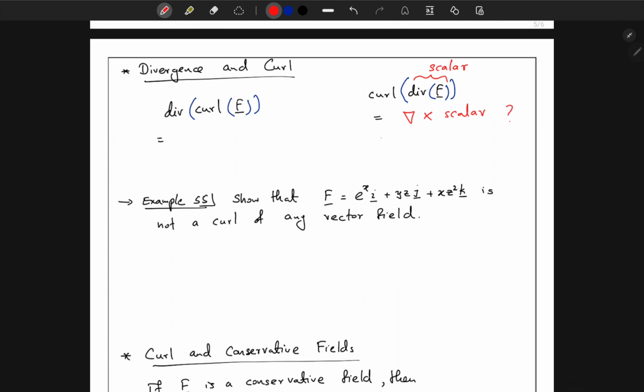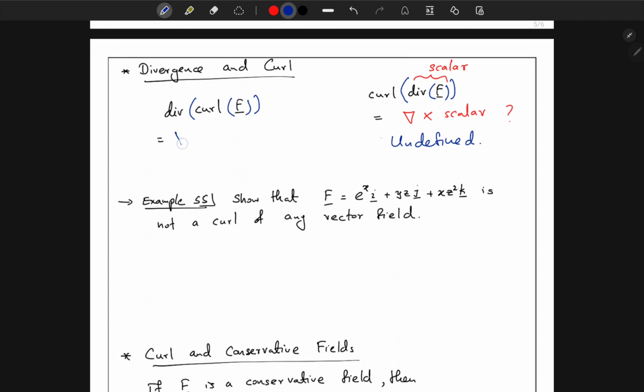So this is impossible. It does not exist, or is undefined. So you cannot operate curl and div in this order. But for the one on the left hand side, the curl is a vector field. So taking divergence makes sense.